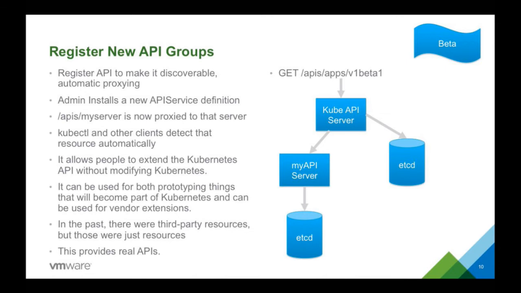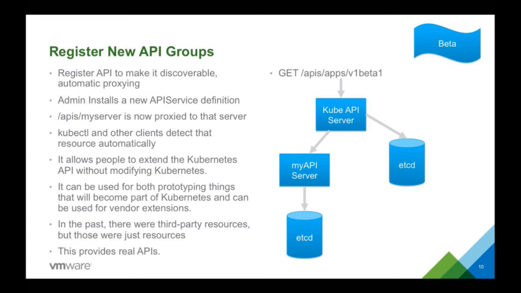Another thing, I can register new API groups. Again, if I want to use the kubectl API for maybe some extra policy that's not necessarily built into Kubernetes, I can register that API with the Kubernetes API server and call another plugin or another program that's going to do some extra policy, maybe for compliance reasons again.